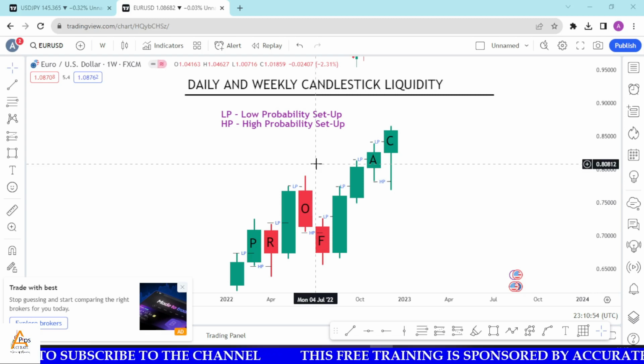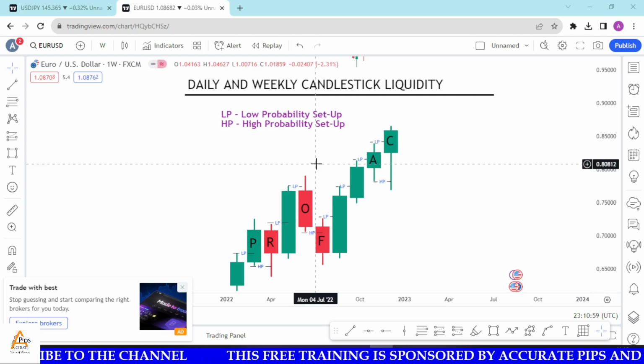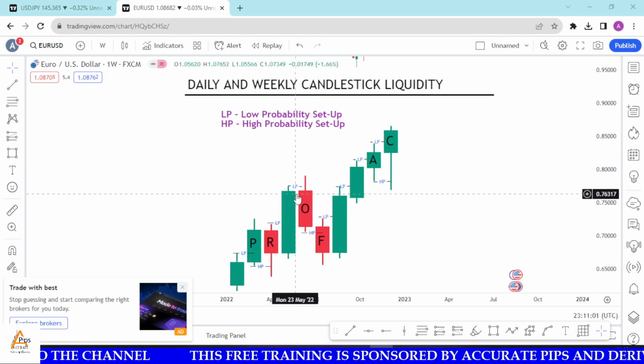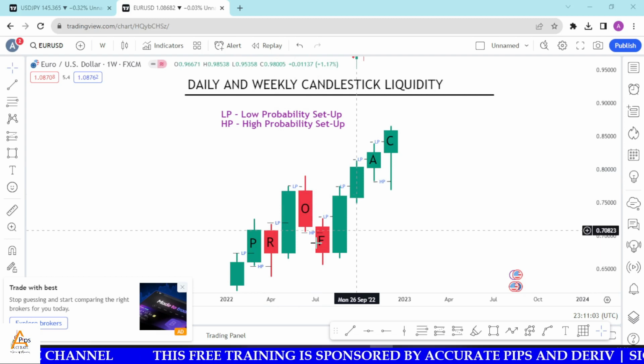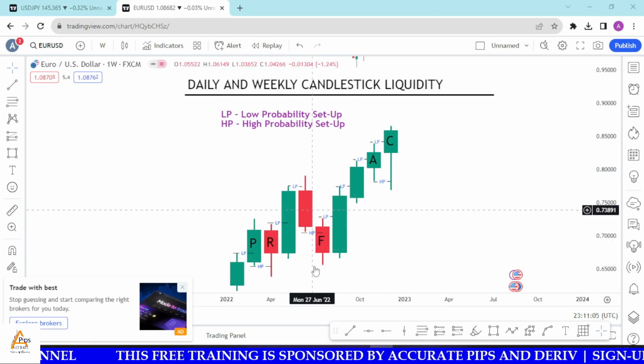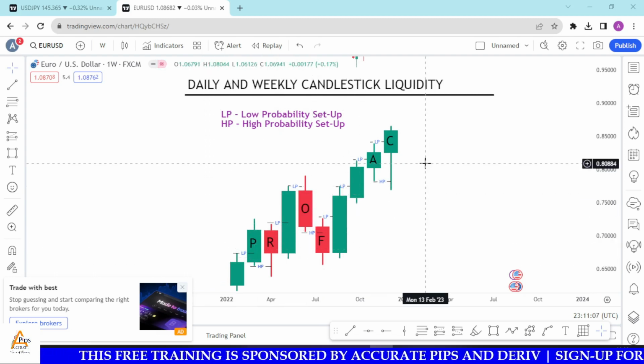Now let's look at the illustration that I have over here. Let's use this illustration to explain one or two things before we go and look at the live chart.